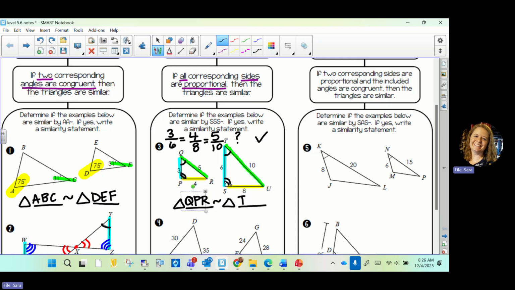So blue and yellow over here is F. And then that leaves R to U. Does that make sense? So I checked the ratio of all 3 corresponding sides. They were all similar. So yes, these are similar triangles.